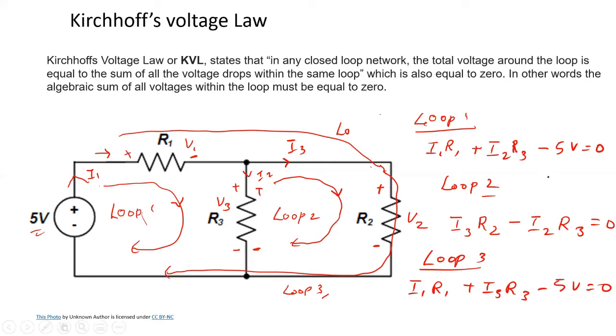So when you solve these three equations, you will get I1, I2 and I3. Sir, I3 R2, sir. Okay, sorry, I3 and R2. Okay, thank you. So this is Kirchhoff voltage law. Kirchhoff voltage law means in any loop the total voltage is zero.